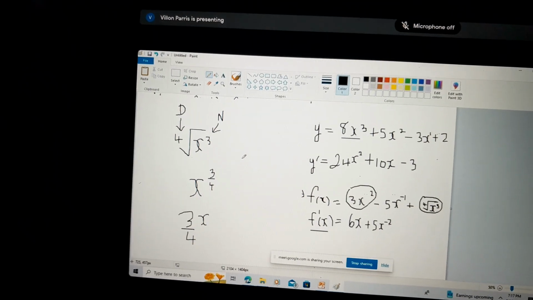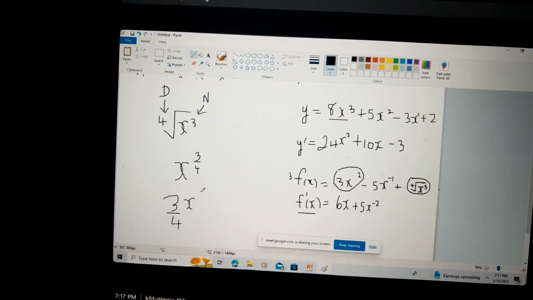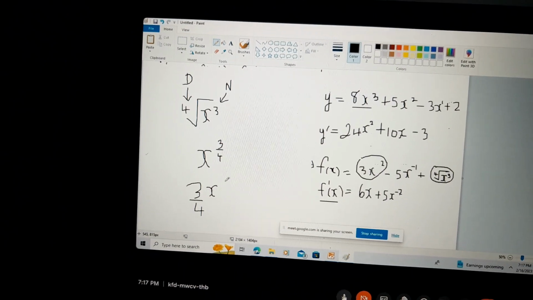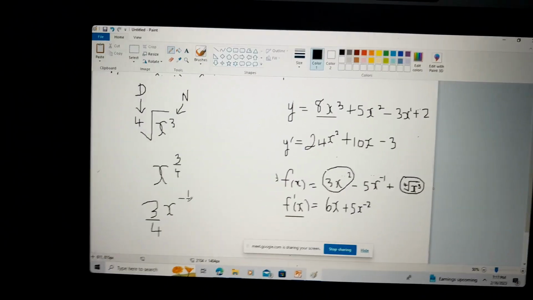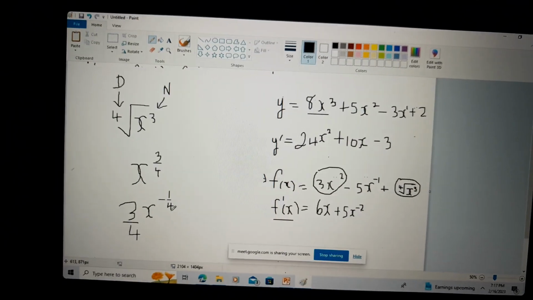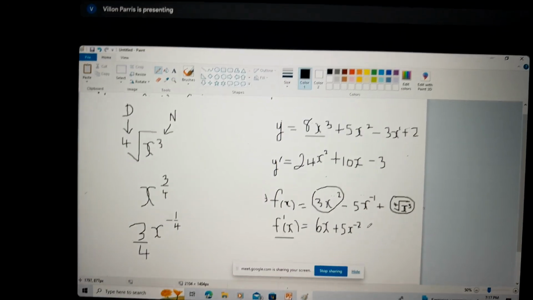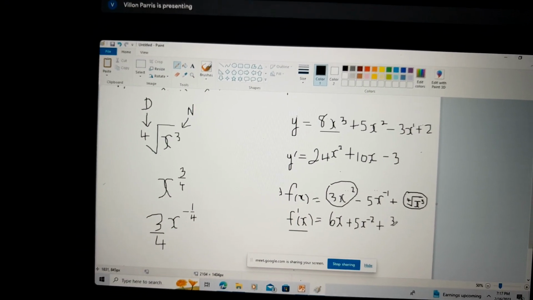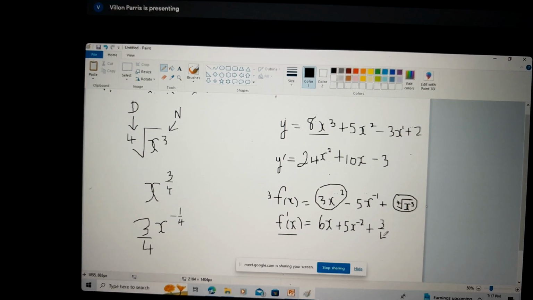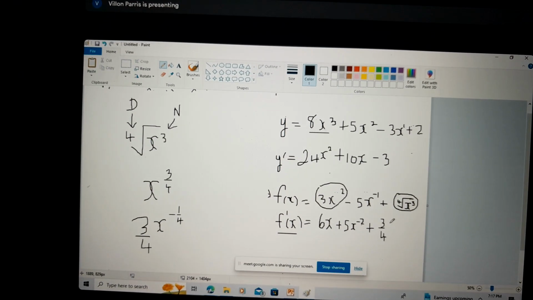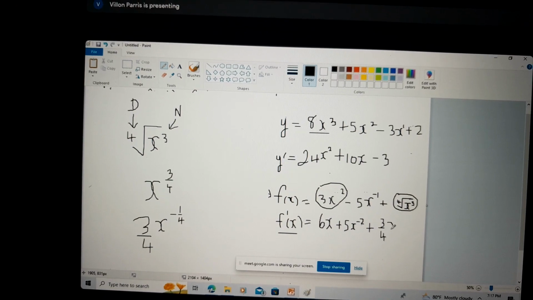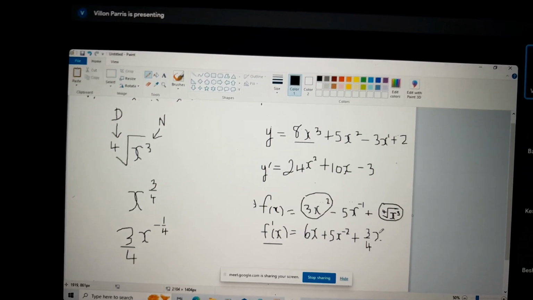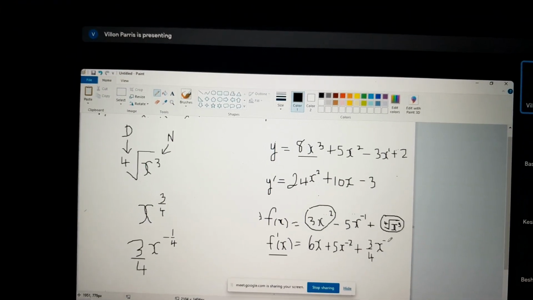What's 3/4 minus 1? Negative a quarter. Wonderful. So we get 3/4 into x to the negative quarter.